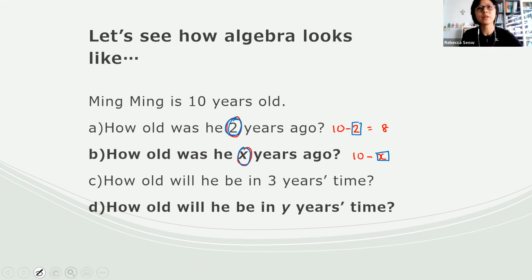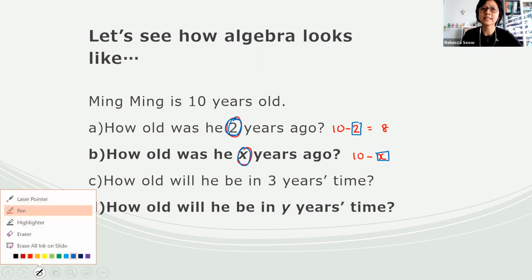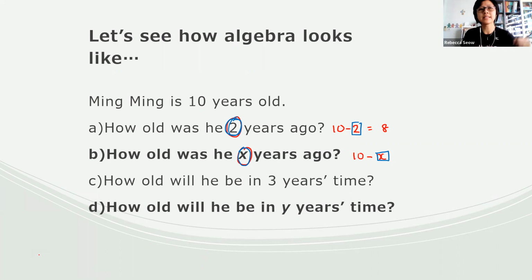Now, how old will Ming Ming be in 3 years' time? So 3 years' time means he has not reached that age. So 3 years later, you will have to add 3. So 10 plus 3, that gives you 13. However, if I were to ask you now, how old will he be in Y years' time? Oh, we don't know what Y is in terms of a number, but what you realize is my question for C and D looks the same.